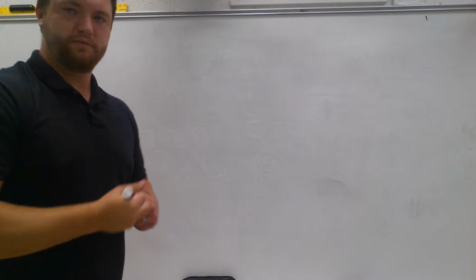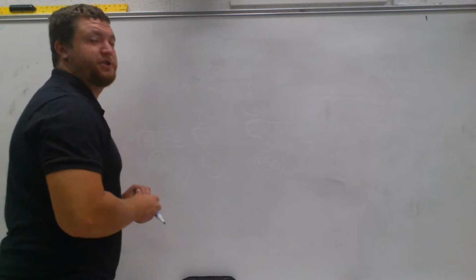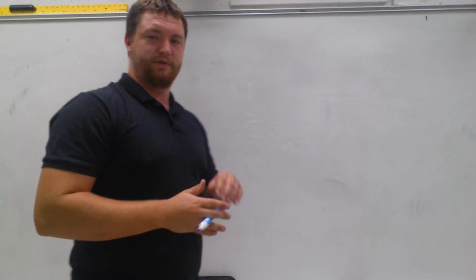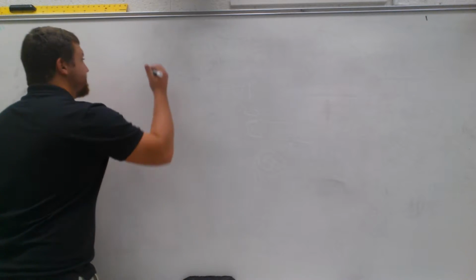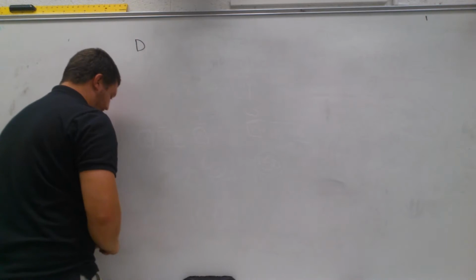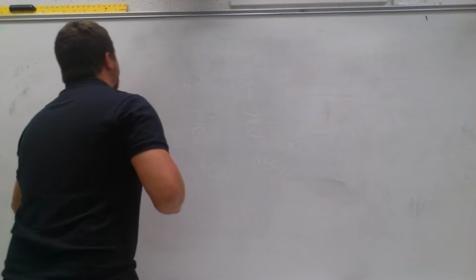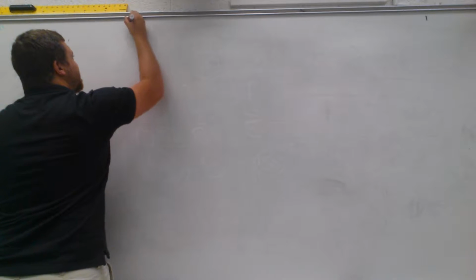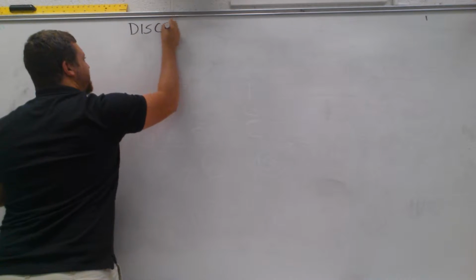Okay, so now we're going to talk about these big ugly words: discrete random variable, continuous random variable. Let me go back to black. Okay, discrete random variable. Can you see all the way to the top? Yes, you can. A discrete random variable.